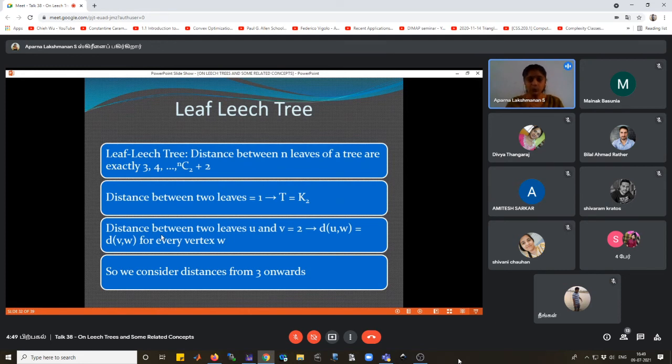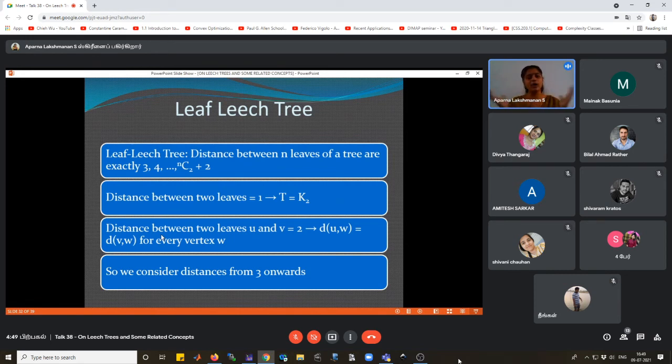So what about 2? Say the distance between two pendant vertices U and V is 2, which means those two vertices are adjacent to a common vertex. From that vertex, there will be a path of say length K to another vertex W. What about the distance between W and U, and W and V?